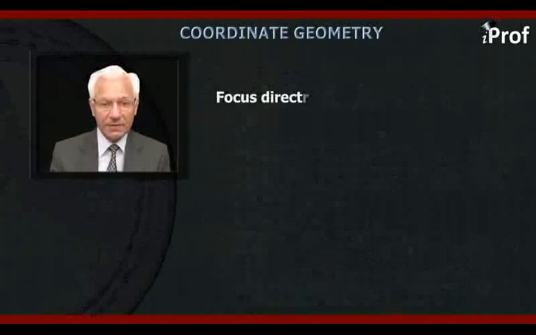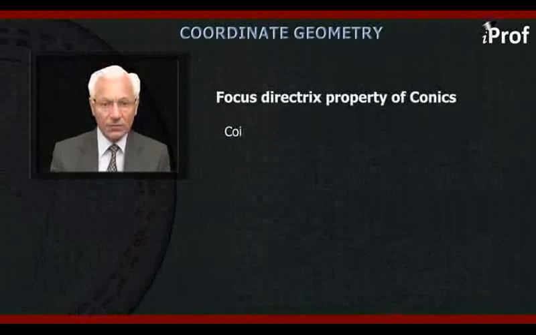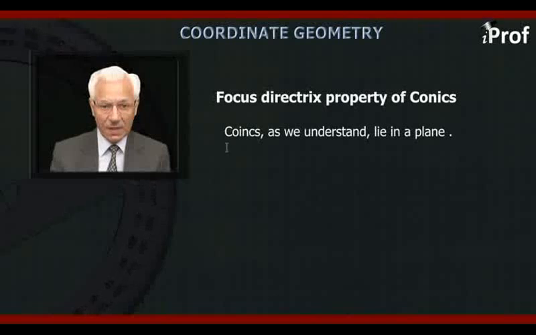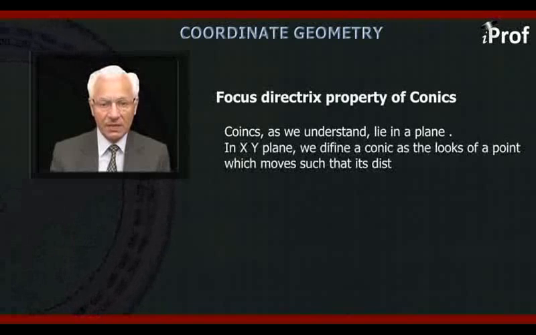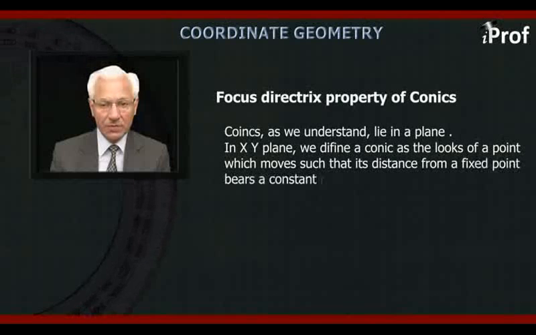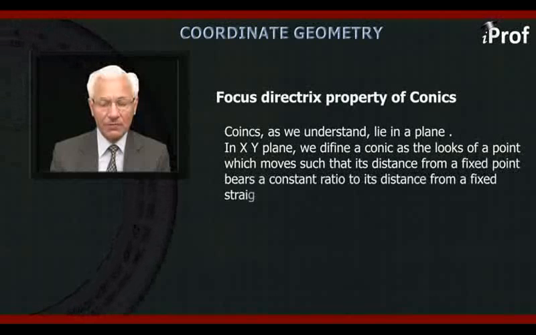Focus, directrix, property of conics. Conics, as we understand, lie in a plane. In the XY plane, we define a conic as the locus of a point which moves such that its distance from a fixed point bears a constant ratio to its distance from a fixed straight line.